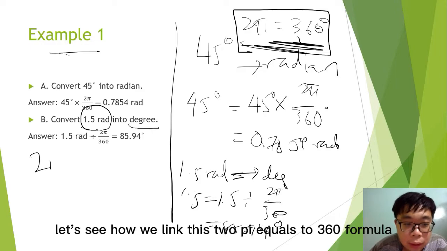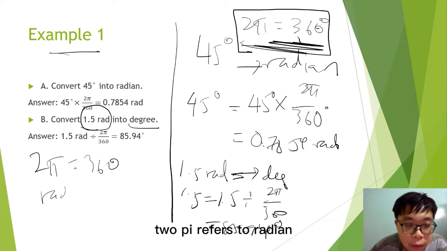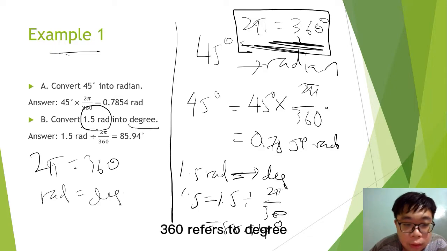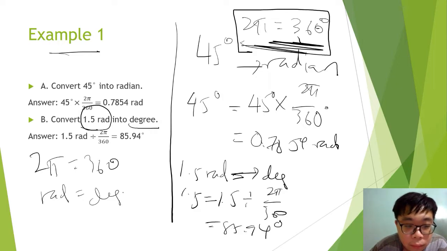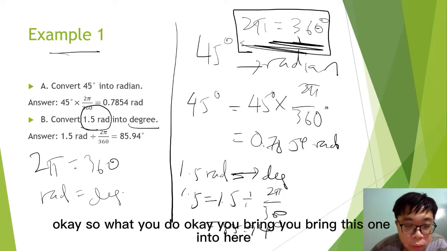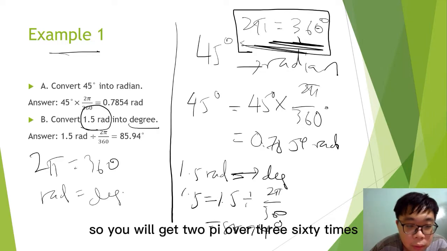Okay, let us see how we link 2 pi equal to 360 to our formula. 2 pi refers to radian, 360 refers to degree. When you want to get your degree, you bring this one in here, so you will get 2 pi over 360 times.